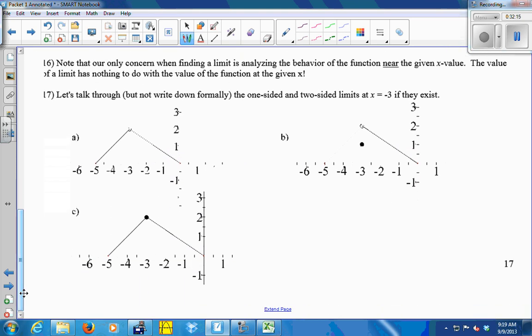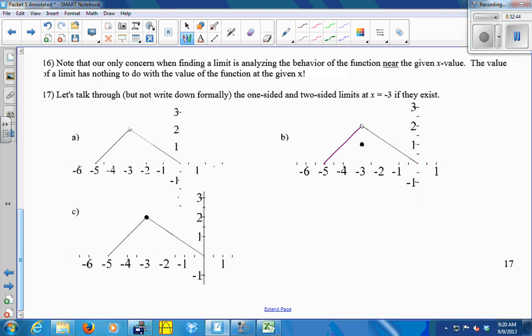Okay, so let's talk through, but not write down formally, the one-sided and two-sided limits at x equals -3 for these graphs. Again, your pictures aren't very good, so you can look up here. Mine aren't that great either, but they're better. Okay. So for part A, what is my limit as x approaches -3 from the left? 2.